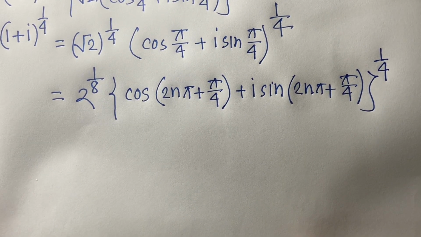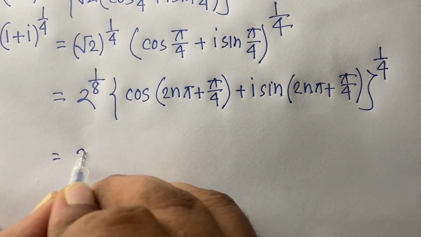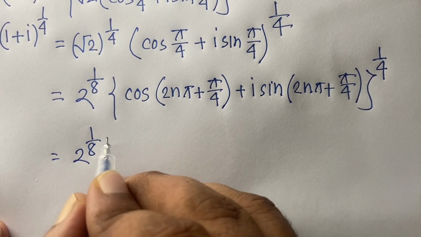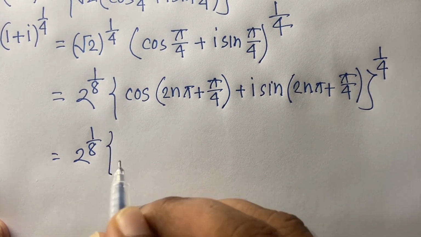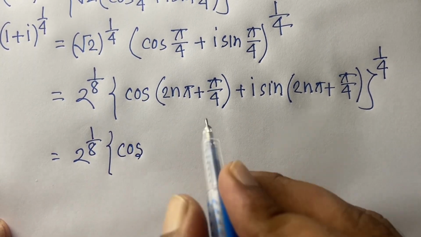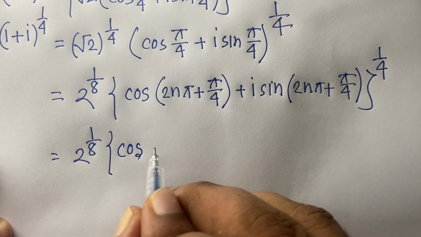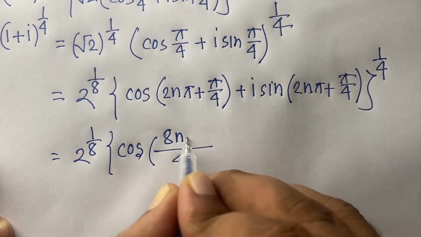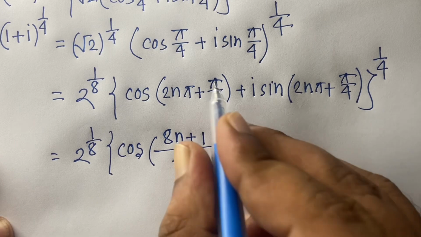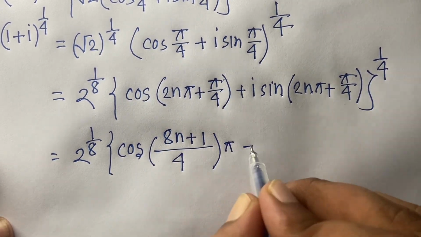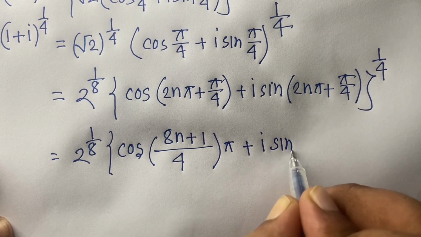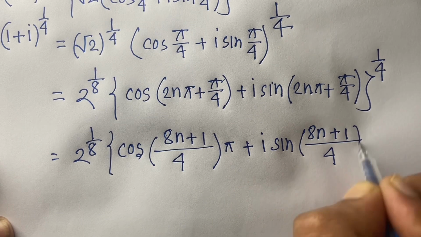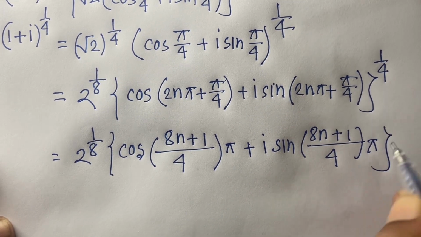Then we have 2 to the power 1 over 8 times cos, taking the least common value 4, it will be (8n plus 1) pi over 4, plus i sin (8n plus 1) pi over 4, whole to the power 1 over 4.